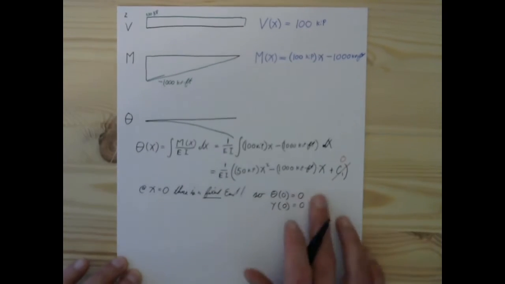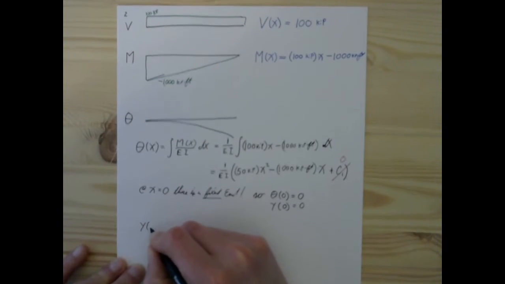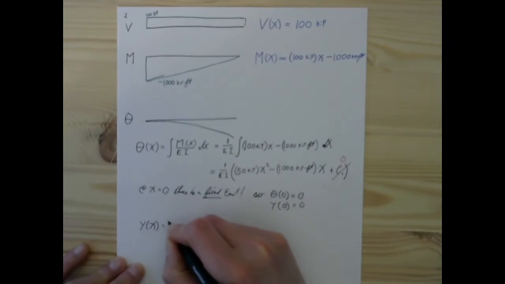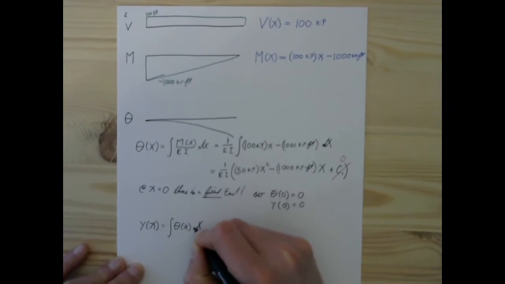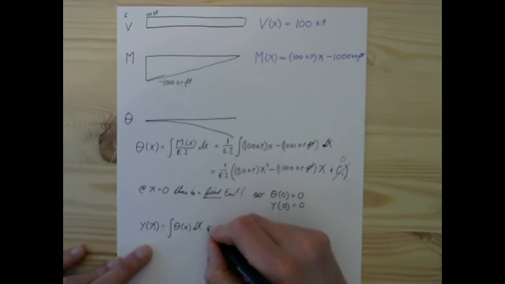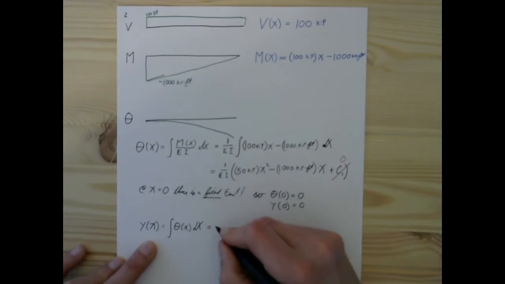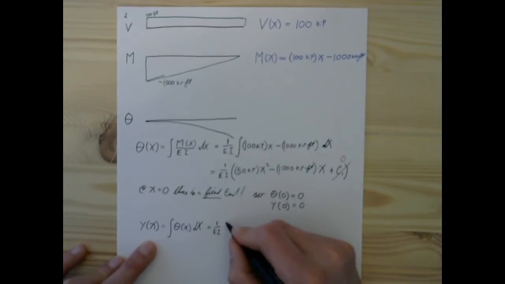Now, let's use our equation for the deflection. That's going to be the integral of the rotation. Gosh, the stem's on my D's. Which in this case is going to be, well, we'll stick that on the outside again.